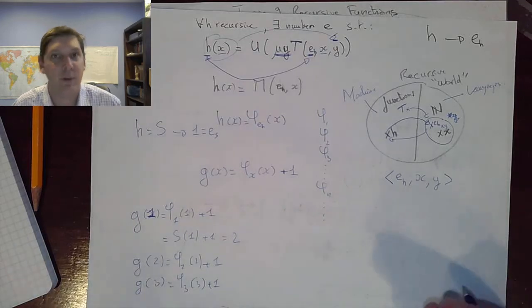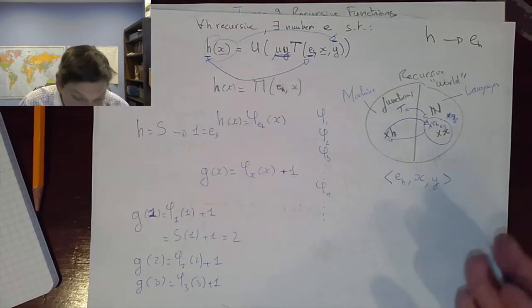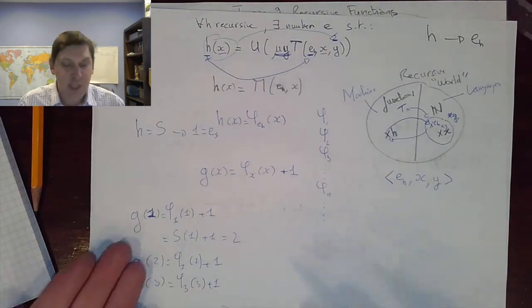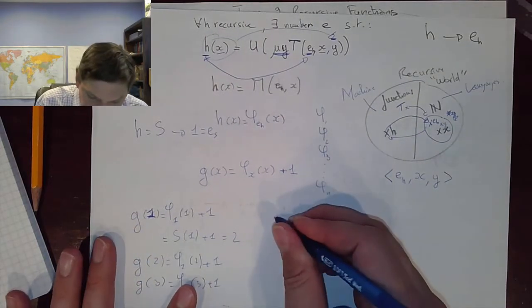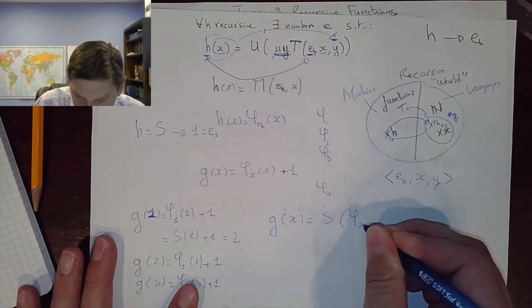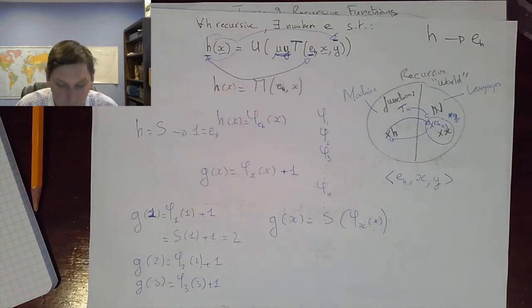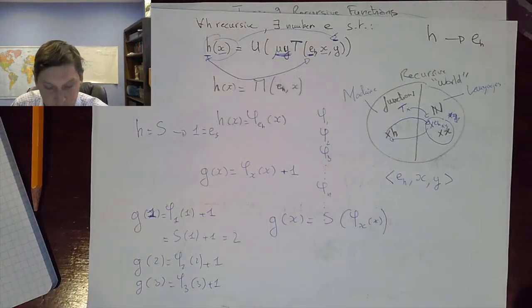It's a strange function, but who cares? You can define it, and it looks like g is a recursive function. I mean, g of x can also be defined as S of phi x of x, the successor of phi x of x. So no problem so far.